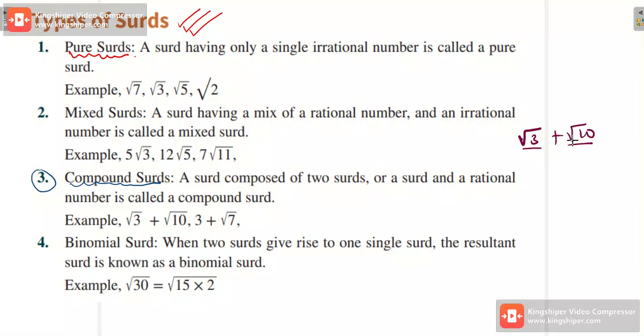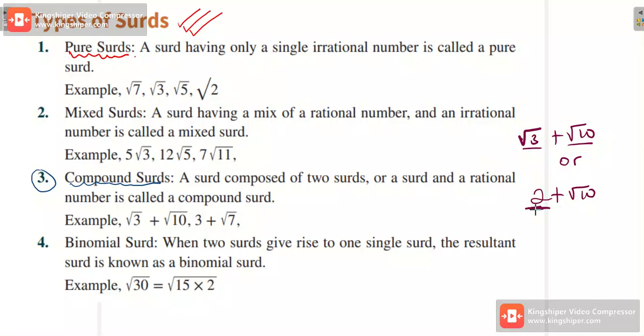Two different sets combined is called a compound set, or one rational number and one set. That is, let's say 2 plus root of 10. This 2 is not a set. It is a rational number. The root of 10 is a set.